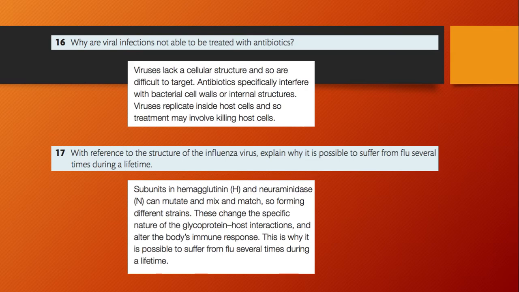Because we have all of these different combinations and mutations and mixing and matching going on, there are different strains of the flu. So the flu that you have at one point in your lifetime probably will be different than another one. Therefore, the body's immune response is going to be different to each of those influenza. There is no lasting immunity to the influenza virus.